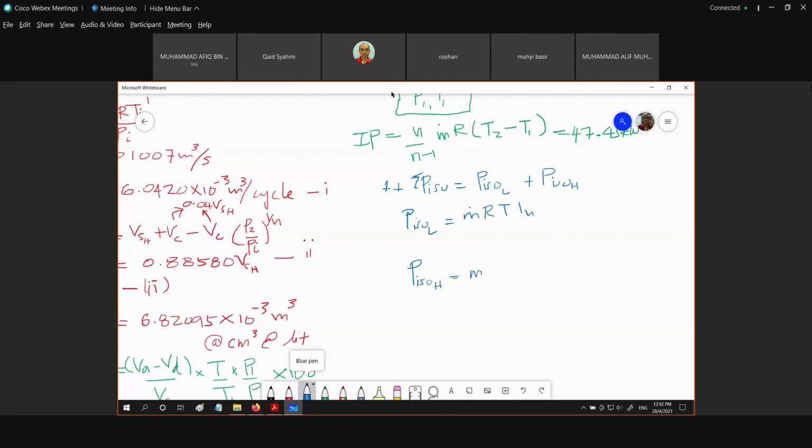PI over P1. The T? Which T? T1. So m dot R T1 ln PI over P1. For high pressure, which T are we going to use to determine the PI pressure? TI prime. This is P2 over PI.